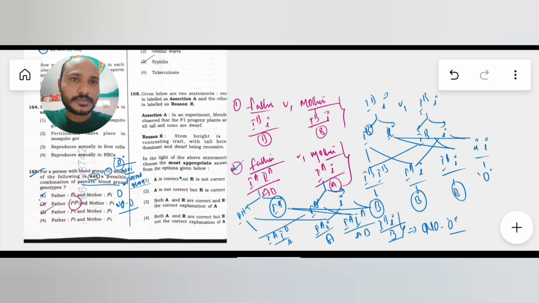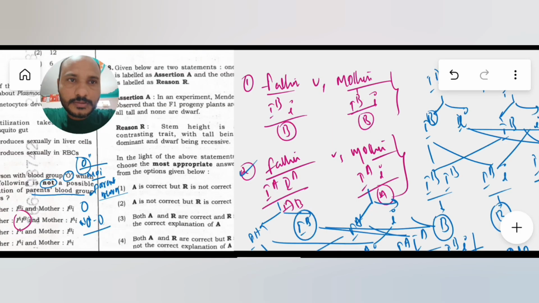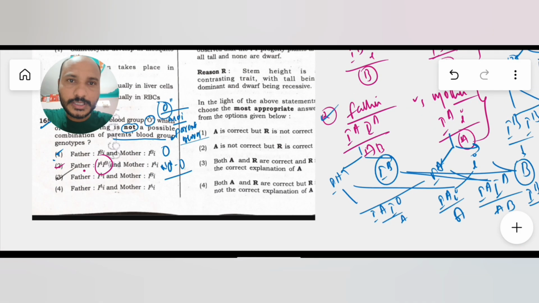Right. Next we'll take another combination. The third combination: the father has IAi and the mother has IBi. Both are heterozygous, hence the gametes are separated: IA, i and IB, i.